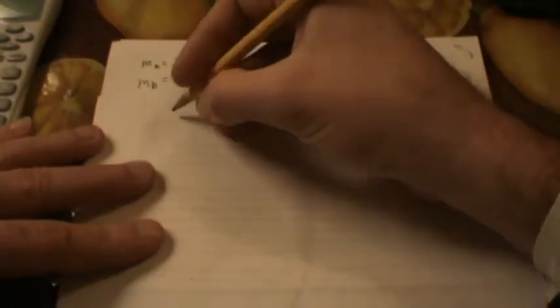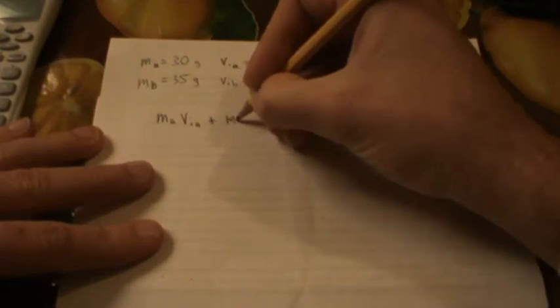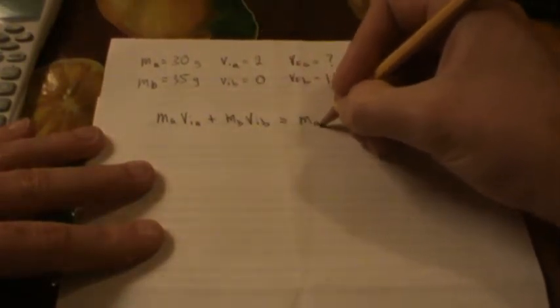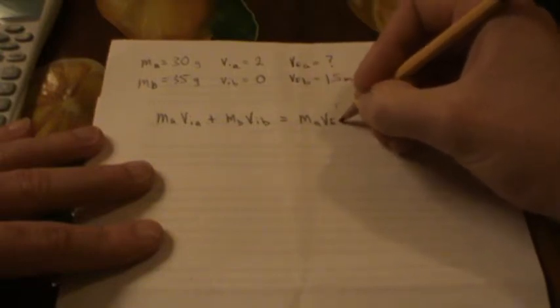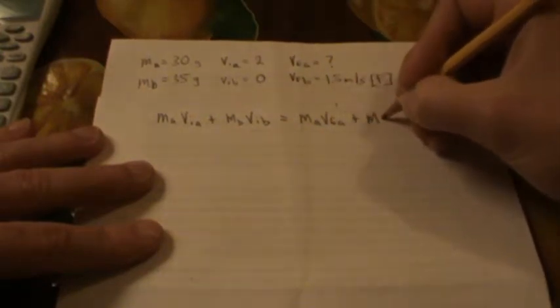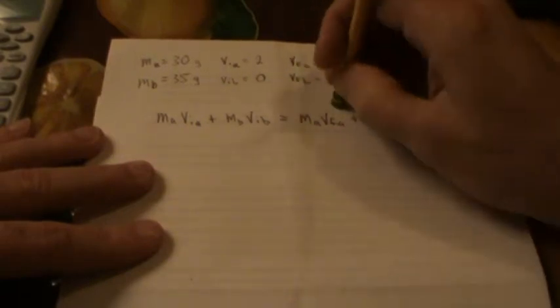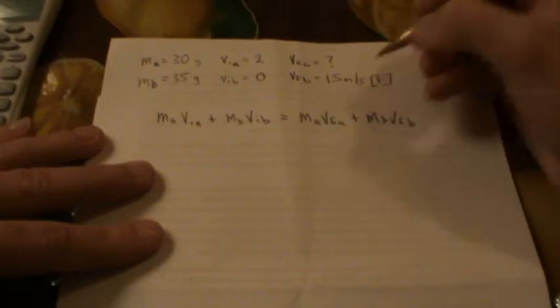Or sorry, an elastic collision, and so the actual equation goes like this: ma velocity initial A plus mb velocity initial B equals ma velocity final A plus mb velocity final B. And I'm basically solving for velocity final A.